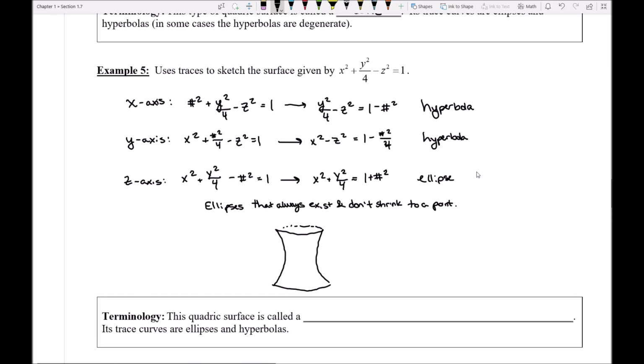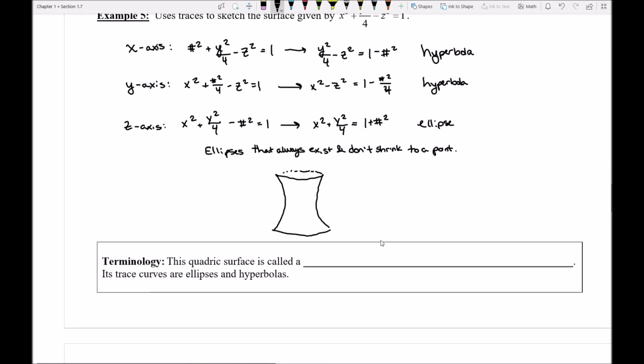Okay? So this basic shape is what I refer to as a hyperboloid. And we're going to refer to it more specifically as a hyperboloid of one sheet, because when I look at this surface, you could imagine creating something like this out of a single piece of paper, if you will.